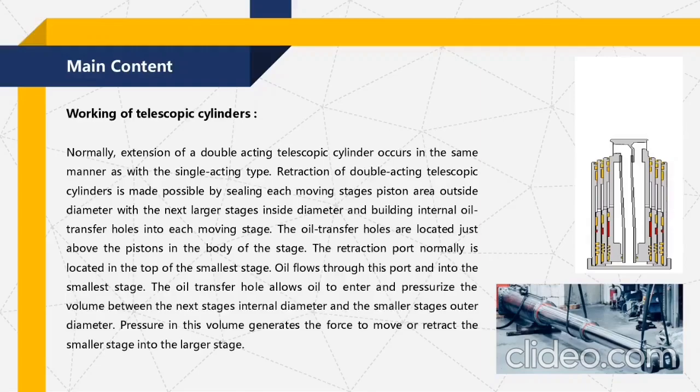Oil flows through this port and into the smallest stage. The oil transfer hole allows oil to enter and pressurize the volume between the next stage's internal diameter and the smaller stage's outer diameter. Pressure in the volume generates the force to move or retract the smaller stage into the larger stage.